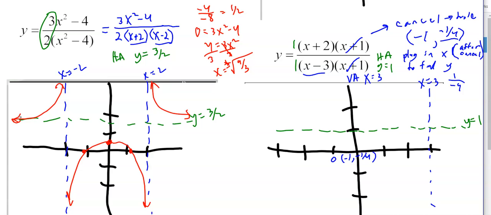And on this one, let's see, plug in x equals 0. We can do it after we cancel. That's fine. So the y-intercept would be 2 over -3, which is -2/3, right about here. And if you plug in y equals 0, the denominator goes away.